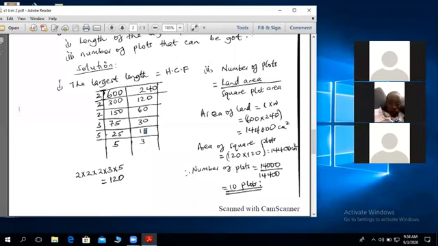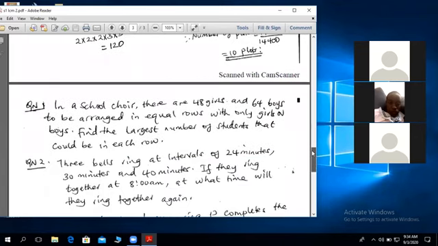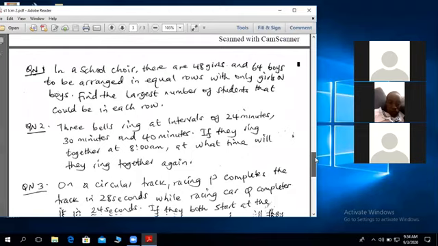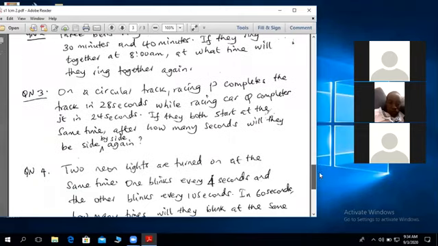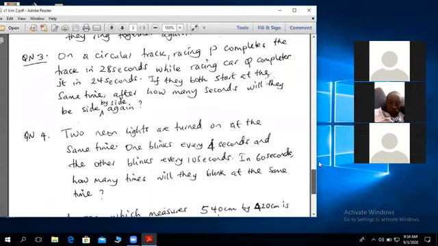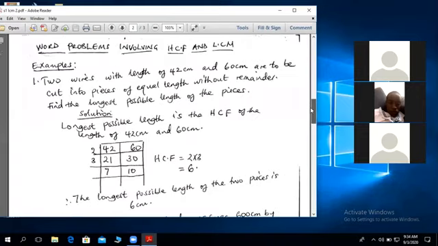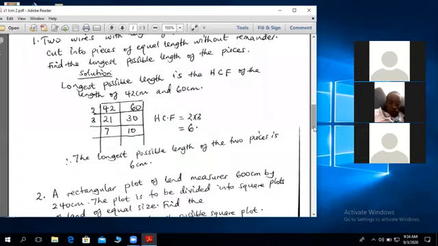Excuse me, teacher. Yes. Can they also bring the same number in LCM form? Yes. When you see lowest, for example, in the assignment that I'm going to give you, you know that these examples that you have looked at have been asking, find the longest possible, find the highest possible.